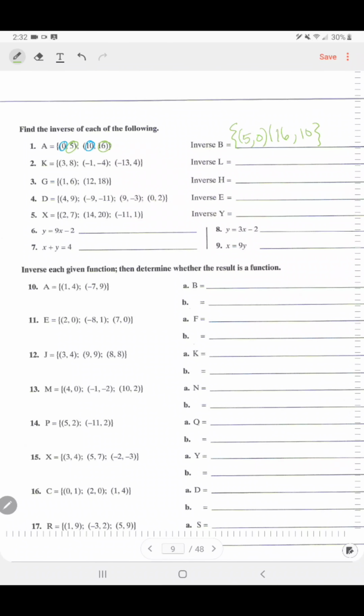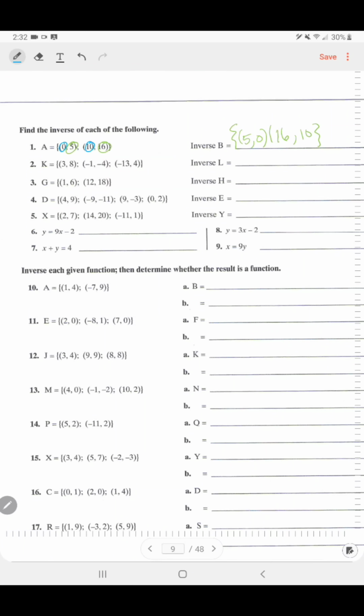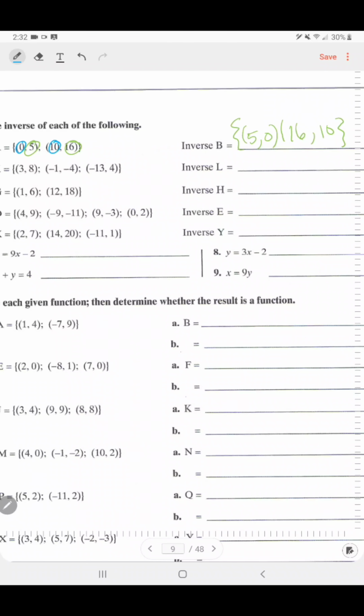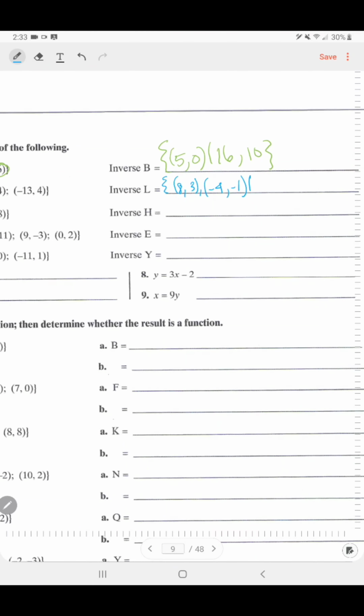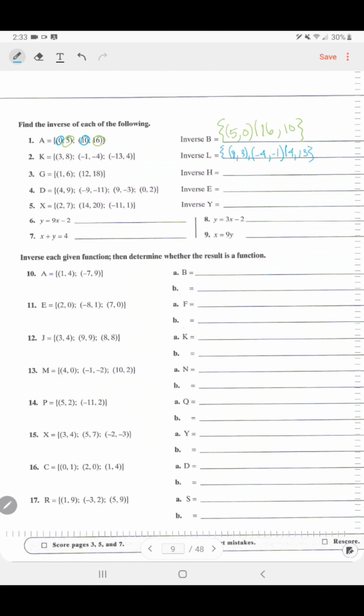So that's how you do that. The next one, we've got 3, 8, and I'm going to change it for 8, 3. Negative 4, negative 1. So again, you're just flipping the X and Y. And 4 and negative 13. Okay, so you can do those.